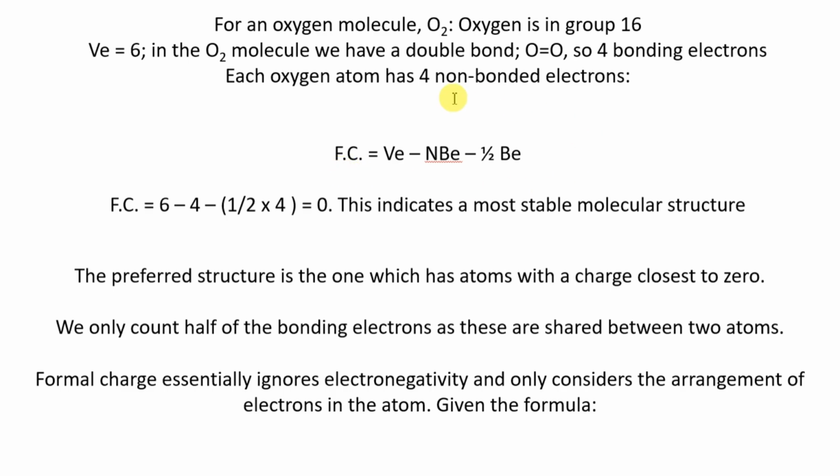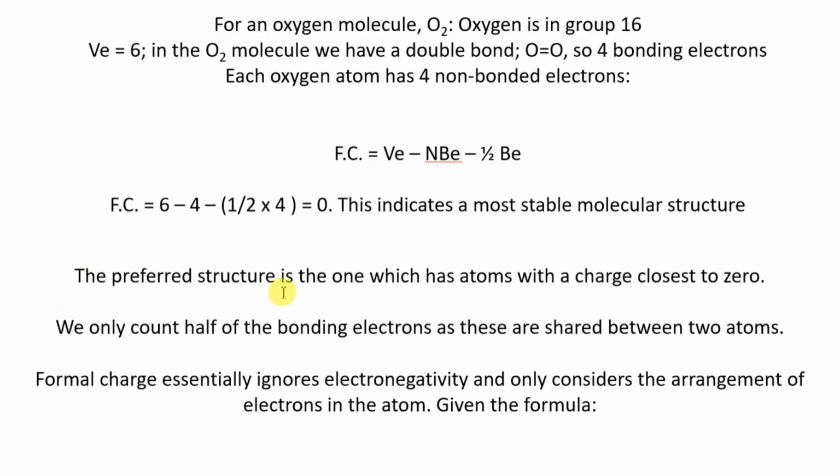So my formal charge now on each oxygen atom is given by the equation. Formal charge equals number of valence electrons, 6, minus number of non-bonding electrons, 4, minus half the number of bonding electrons, half of 4. That comes to 0. That indicates a most stable molecular structure.